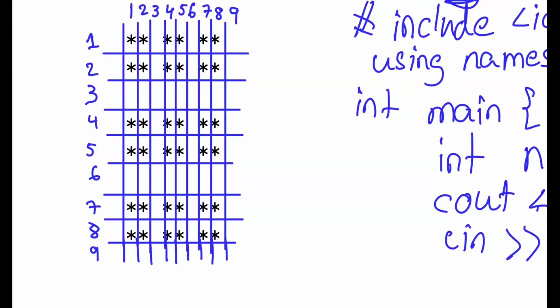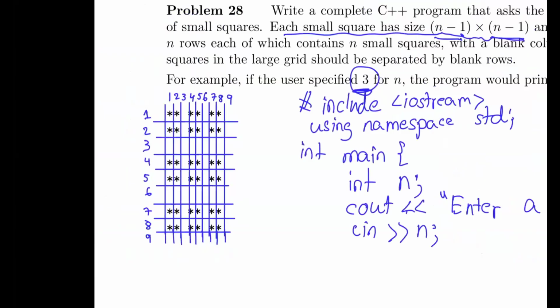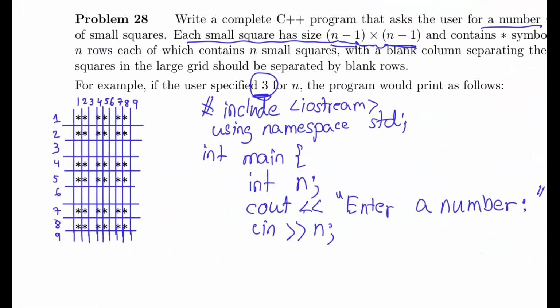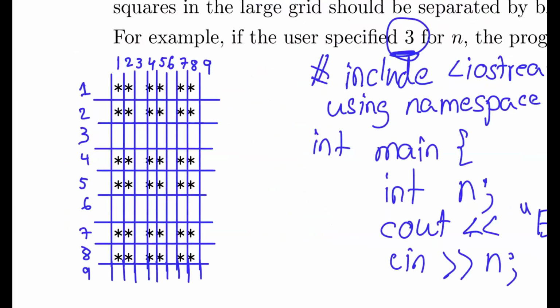So after you label, we are going to find some pattern. Can we use R and C for row and column? Yes, for sure. After you label, we are going to find the pattern.